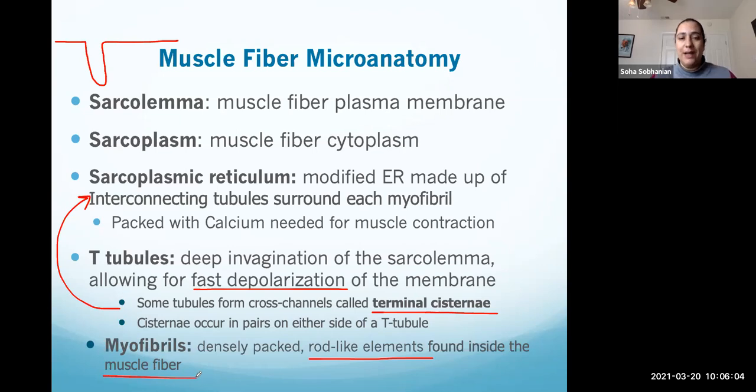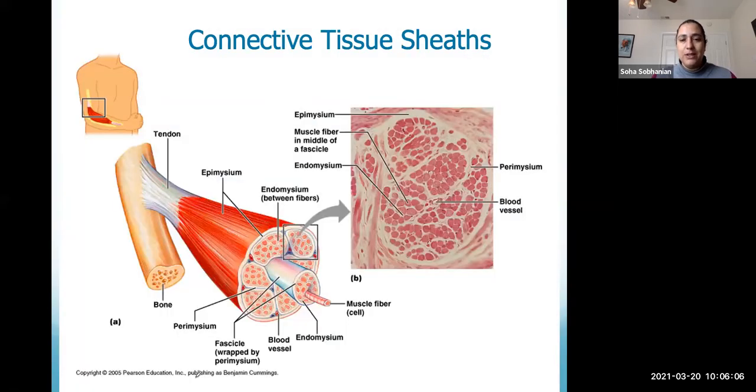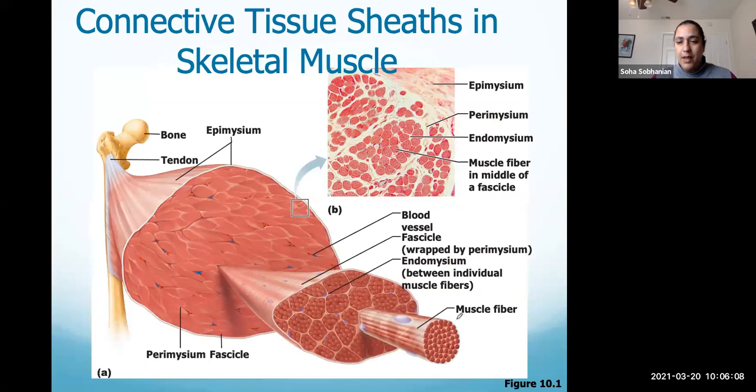So let me show you what I mean. Let's go back to the picture we had here. Remember, this whole thing that I have right here is a muscle fiber. Notice how inside of it you have individual little sticks. These sticks are what we call myofibrils.